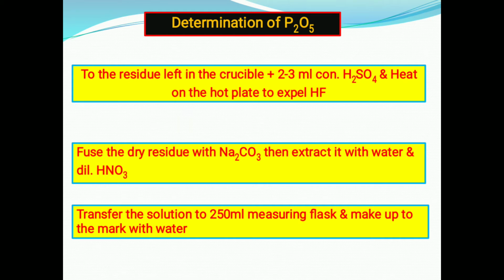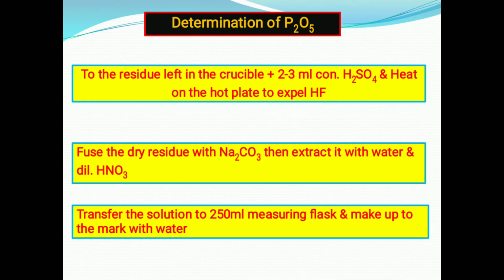Next, determination of phosphorus pentoxide. After the determination of silica, take the residue which is left in the crucible, then add 2 to 3 ml of concentrated H2SO4 and heat it on the hot plate to expel HF. Why?